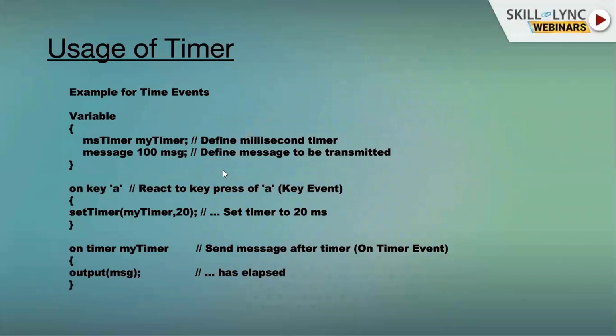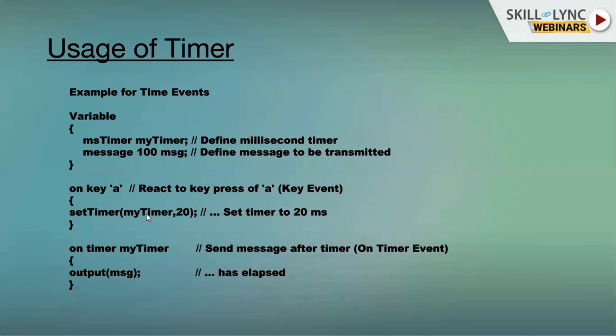As for the usage of timers, here I'm using the variables ms timer my timer, and the message 100 msg, and I'm using the key event. Whenever I press the key event, I need to start the timer, the timer of 20 milliseconds. Once I press the key event, it will come to set timer my timer, and it will come to on timer.